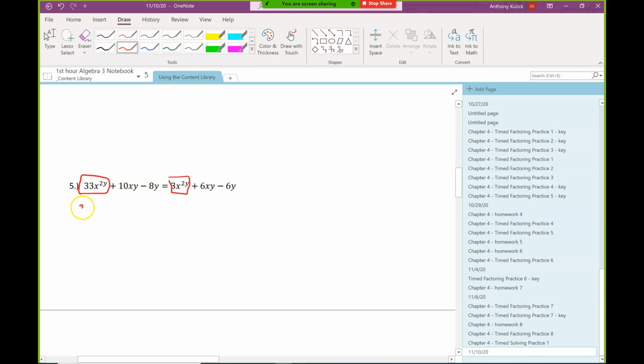I just typed this in wrong. This is supposed to be 33x squared, and then the y is supposed to be not in the exponent. So it couldn't have been done with the way I'd written it. But if it's what I have intended, it's now going to be doable.